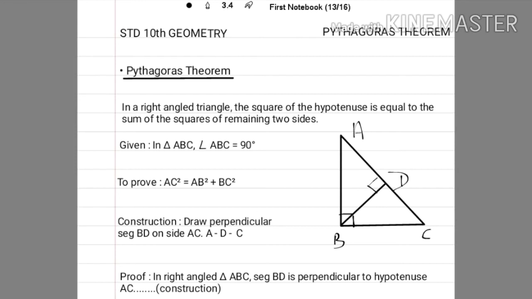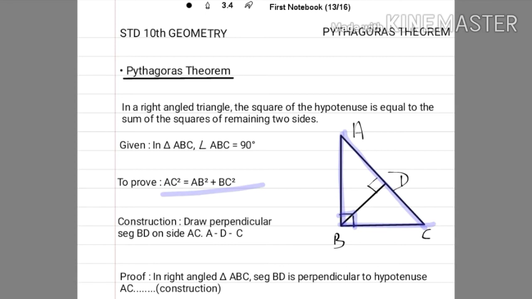Now they have given us a right angle triangle in which the angle B is equal to 90 degree. What we have to prove is the square of the hypotenuse is equal to the square of the remaining two sides. That is AB square plus BC square. Hypotenuse is AC square. So that means AC square is equal to AB square plus BC square. This is what we are going to prove.